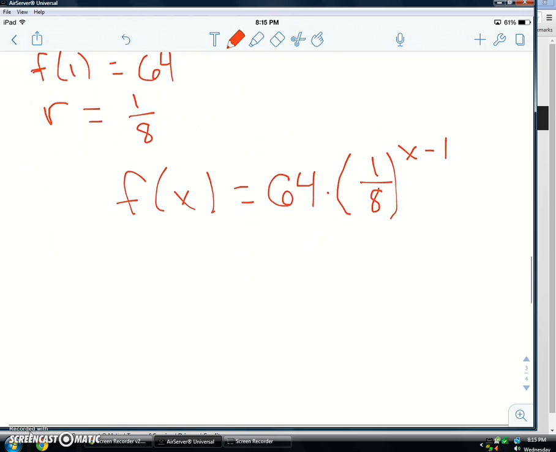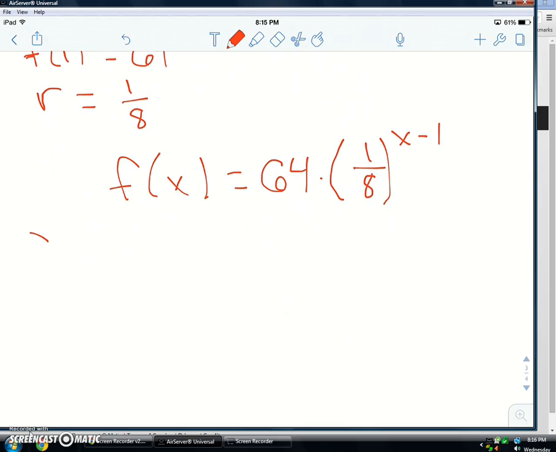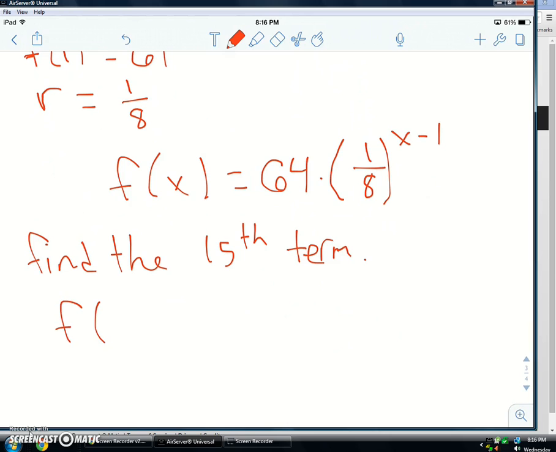So if someone was to ask you, all right, there's that sequence, find the 15th term in the sequence, well, you could simply just take your explicit formula and say, well, the 15th term would be f of 15, so replace x, because x is whatever term in the sequence you're looking for, with 15.